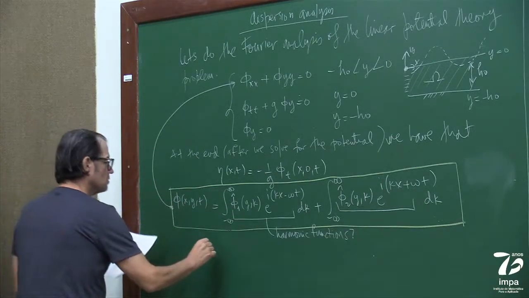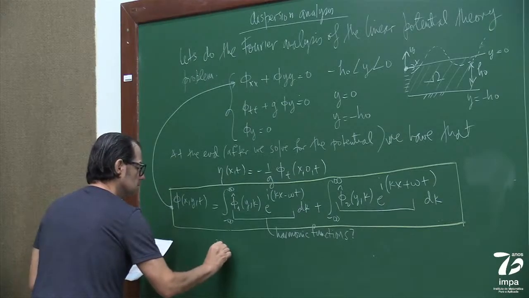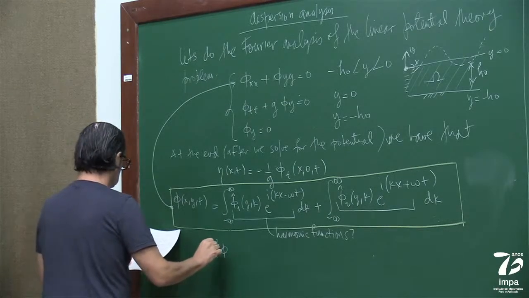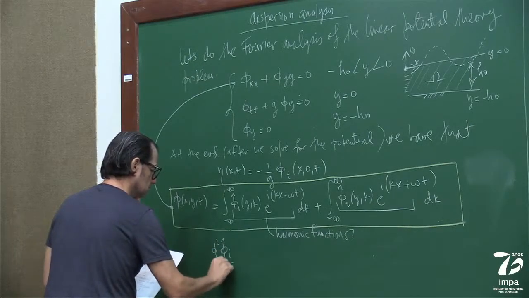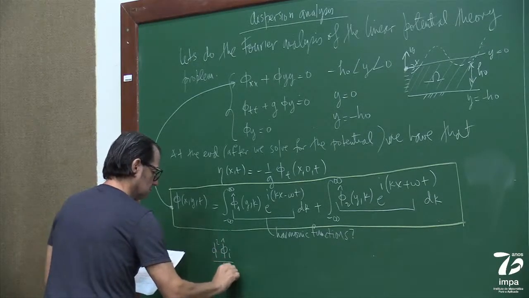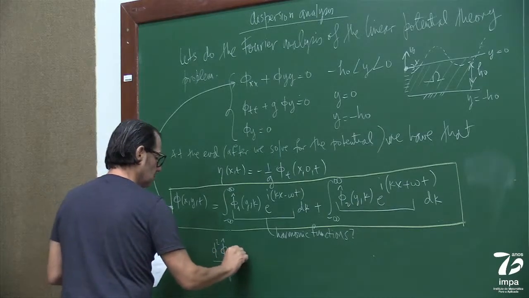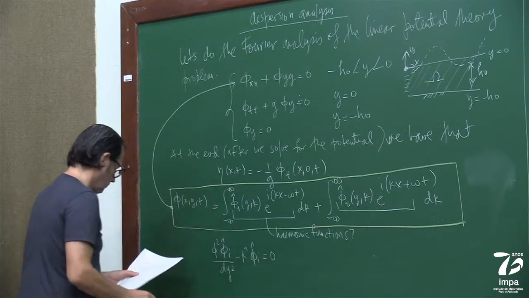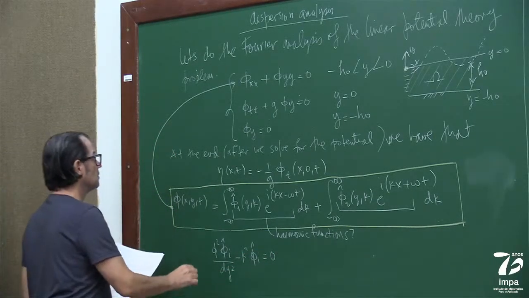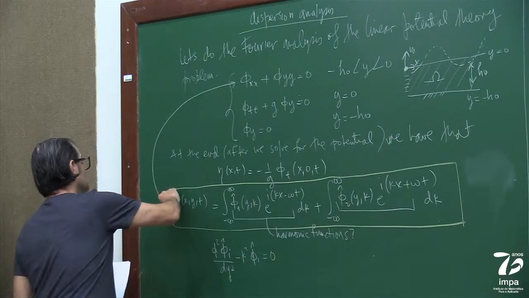So when we substitute this, we get this. I'm going to get an ODE. And I get the Neumann condition also, this.